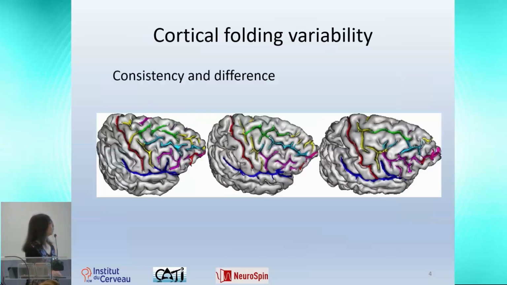But in reality, there's a huge variability that exists from one individual to another. If you look at, for example, even the central sulcus, there are already some shape differences. And then if you look at the green one, for example, the superior frontal sulcus, then the variability becomes very big.